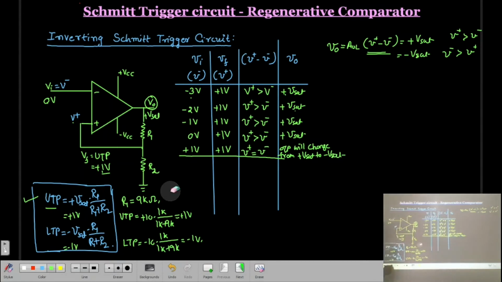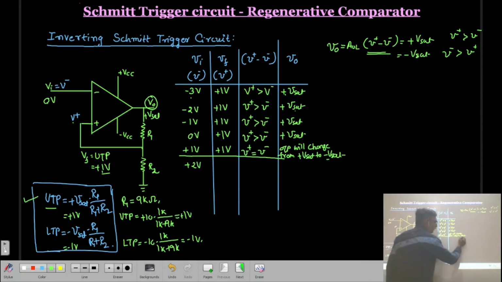Now, let us apply some other voltage. Now I am applying a plus 2 volt. Alright. Now, what is the output? That is in minus V saturation. And whenever we have minus V saturation, then my feedback voltage will switch over to minus 1 volt. Remember.